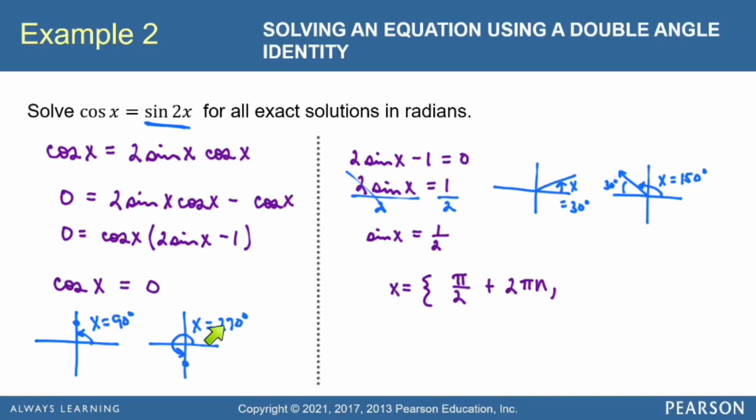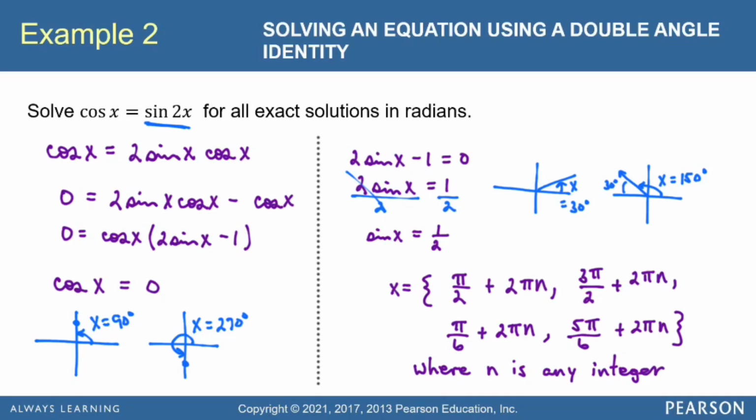The next solution was 270 degrees, so that would be 3 times 90 degrees, so that's going to convert to 3 pi over 2, and then we add 2 pi n for that as well. The next solution was 30 degrees, so the radian equivalent for 30 degrees is pi over 6, so we'll write pi over 6 plus 2 pi n. And for 150 degrees, that's 5 times 30 degrees, so this one will be 5 pi over 6, and then we'll add 2 pi n for that.